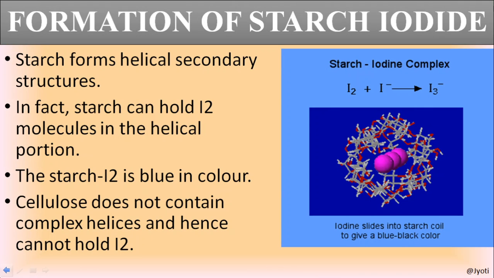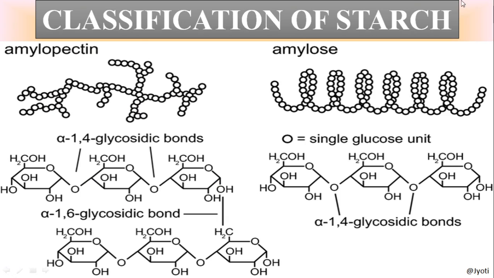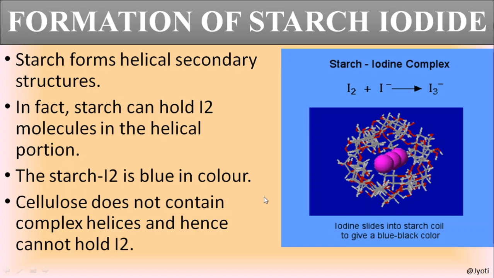Now one of the most important questions that comes in your exam, children, is why starch reacts with iodine to form starch iodide, whereas cellulose cannot react with iodine. The reason is that starch has a branched structure, and moreover you can see that in both cases, here it has a branched structure and here it forms a helical structure. Whatever may be the form of starch, that starch has space, or it can hold the iodine molecule in the helix.